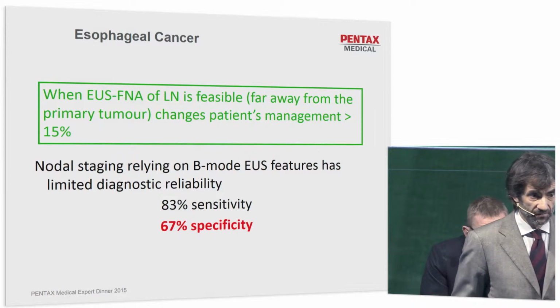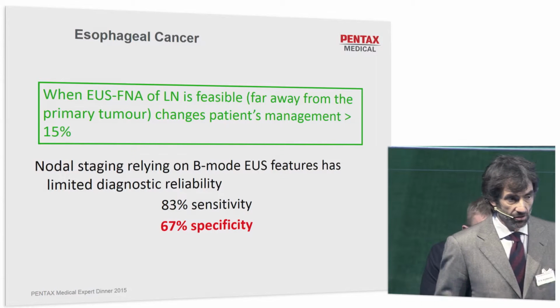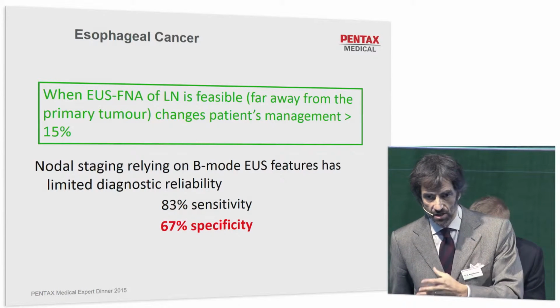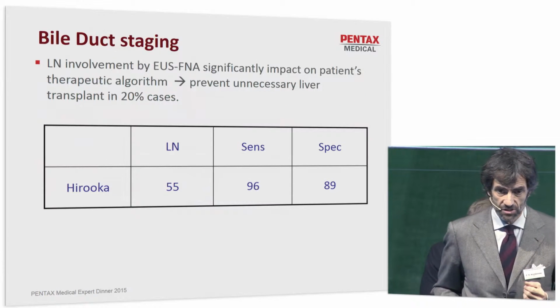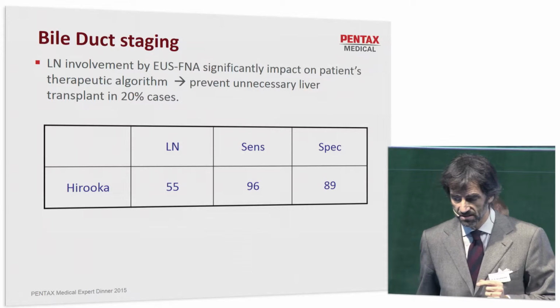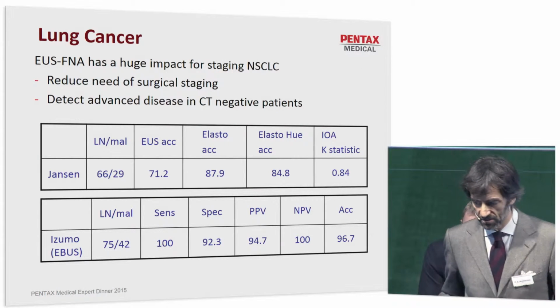And we also have the possibility to depict and perform the differential diagnosis of lymph nodes. This is mandatory when we are considering the outcome for patients with esophageal or gastric cancer, or for patients with bile duct cancer, and with EBUS for patients with lung cancer.